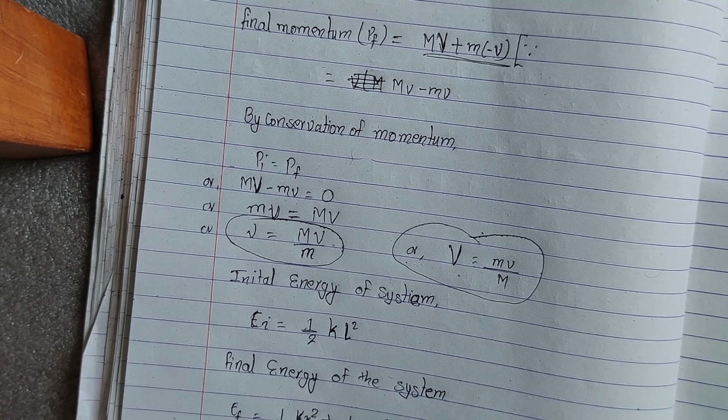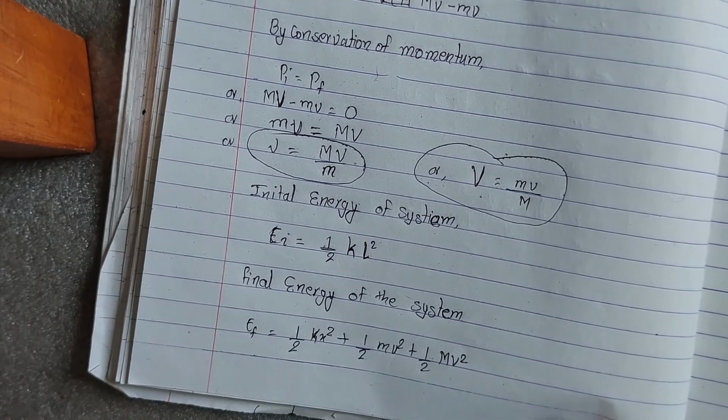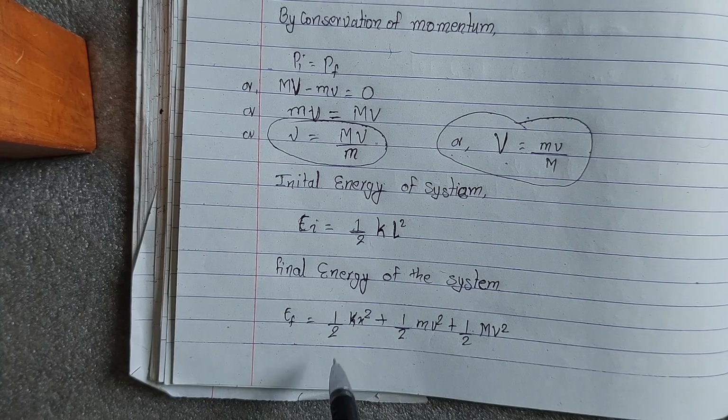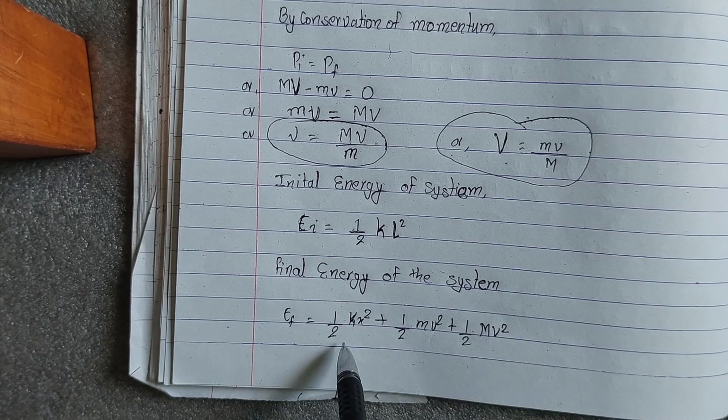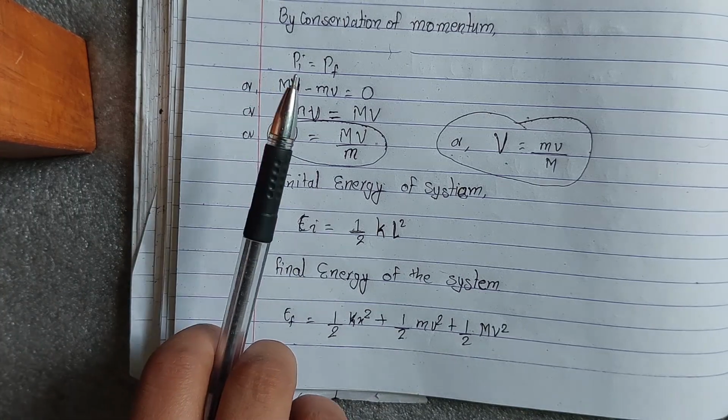And when the bodies are released, they are in motion. So in the motion, the energy of the bodies becomes half k x square, half M V square, and half m v square.